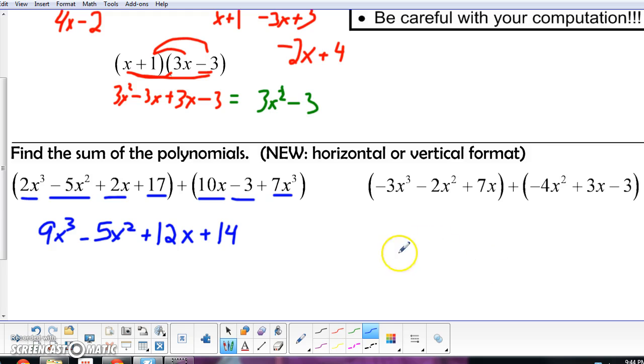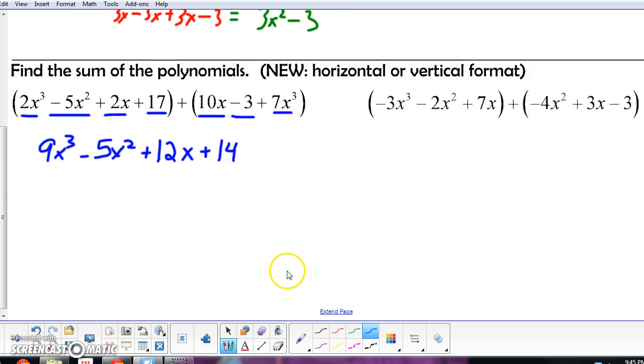Now the vertical format is something that maybe you would choose to use if you remember adding numbers vertically in grade school. So what I mean by that is if I had to do something like 104 plus 83. Here's the vertical format. I line up the ones place together, and the tens place together, the hundreds place, etc. And then I add vertically. 4 plus 3 in the ones column is 7. 0 plus 8 in the tens column is 8, and 1 plus 0 in the hundreds column is 1.